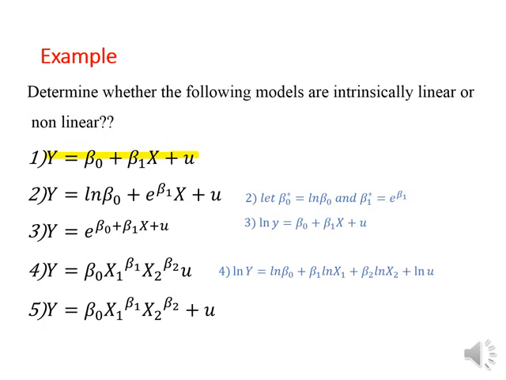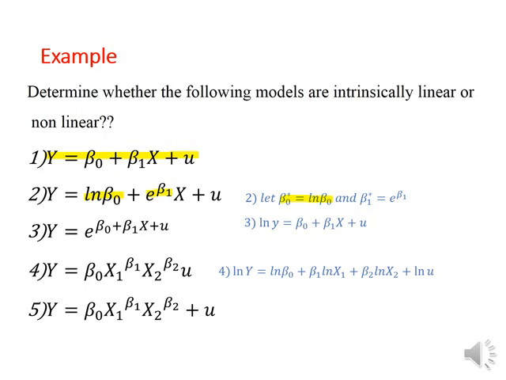Maybe from the beginning you will say it is nonlinear, but if we let beta naught star equal ln beta naught, and e to the power beta 1 equal beta 1 star, I will have a model y equals beta naught star plus beta 1 star x plus u, which is linear.